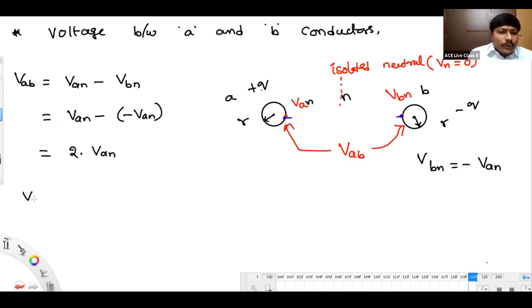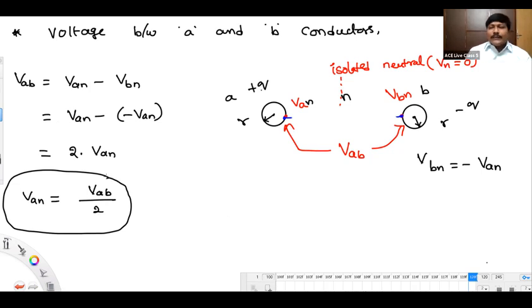And A2 neutral voltage, if you write, it will be VAB by 2. A2 neutral voltage will come to be VAB by 2. And what will happen to B2 neutral voltage? B2 neutral voltage is negative of VAN, so it will be minus VAB by 2.